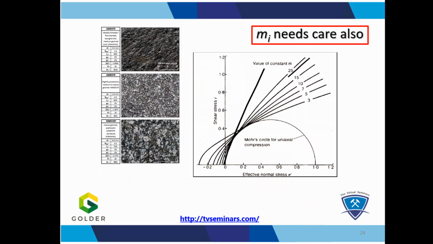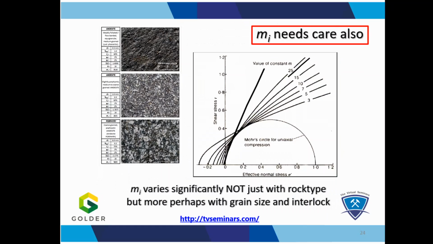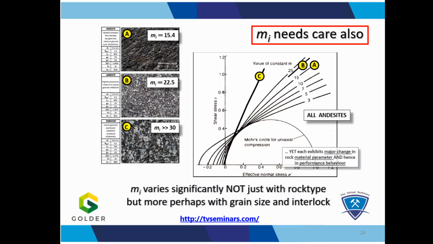Going back to MI, there are significant variations, not just with rock type, but more so with grain size and interlock. These are 3 andesites. Look at the range of MI, almost double, which means that the curved envelope of the Hoek-Brown criteria is very different. They're all the same rock type.